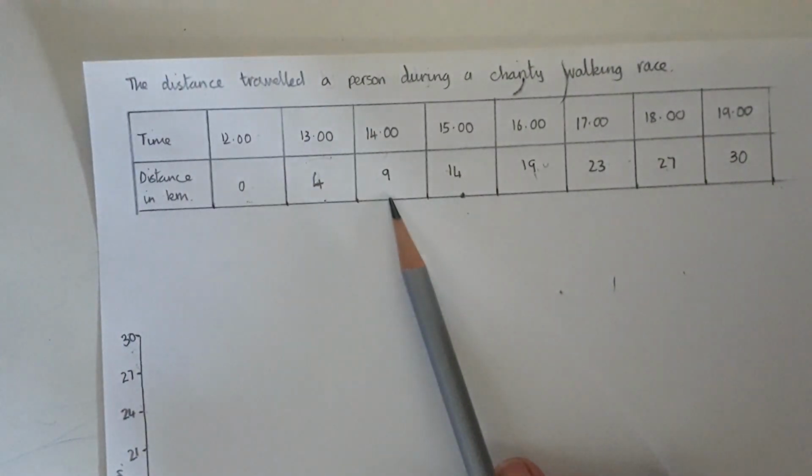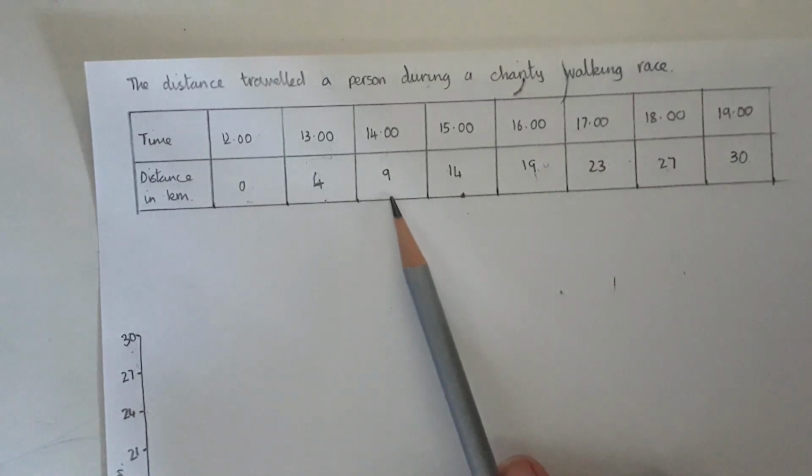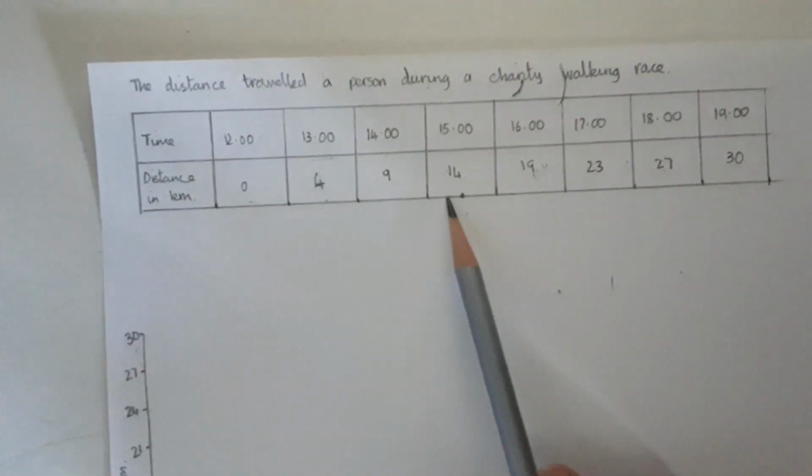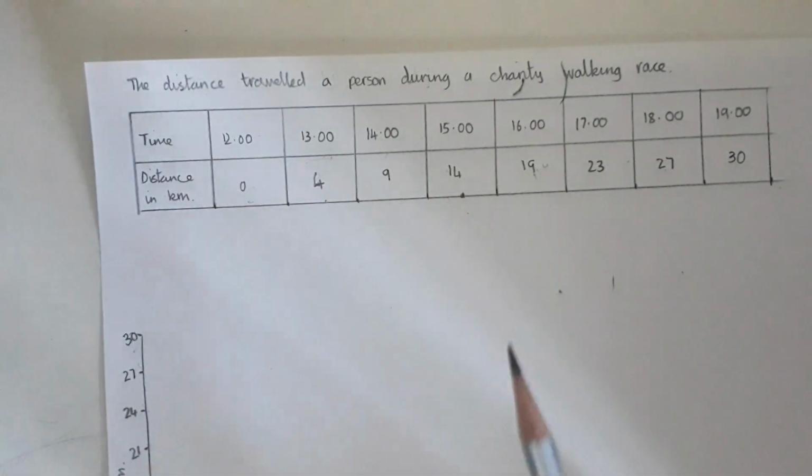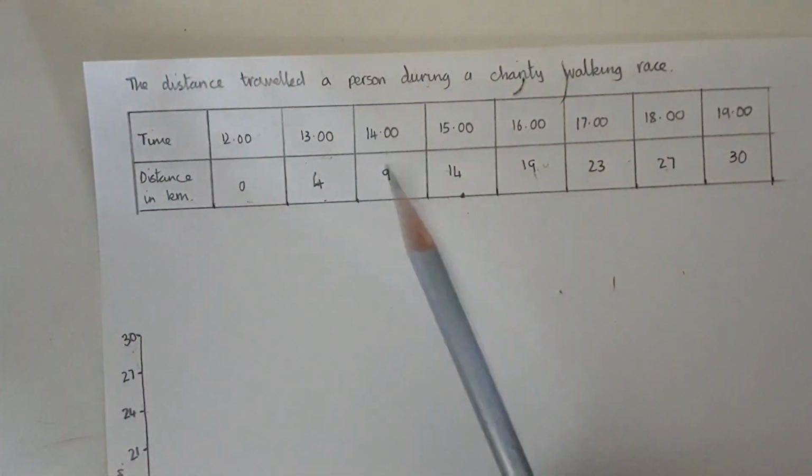Okay, so now come back, focus in again. All right, so by 2 o'clock he'd walked 9 kilometers and 3 o'clock 14. So at 2 o'clock he'd walked 9 kilometers.